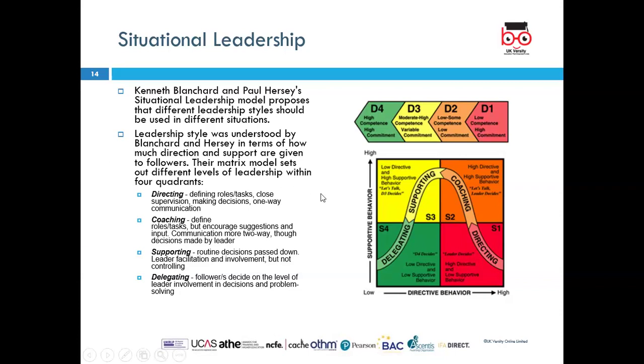The first is directing, in which you define roles and tasks. There's close supervision, so you're directing people, you're making decisions, and there's only one way of communication. The communication does not go two ways. It's more authoritative. You want people to follow you.